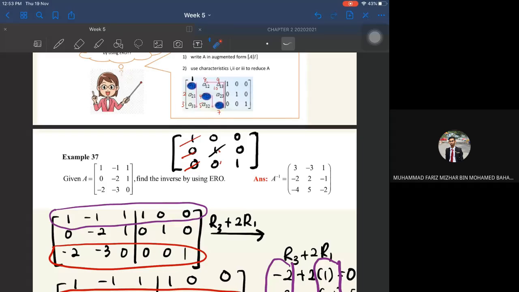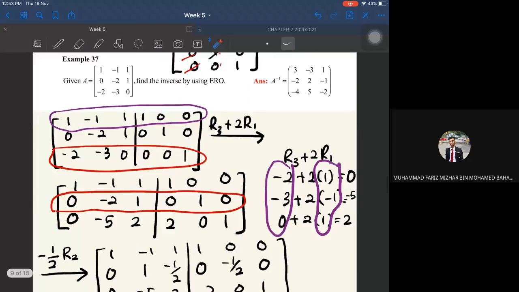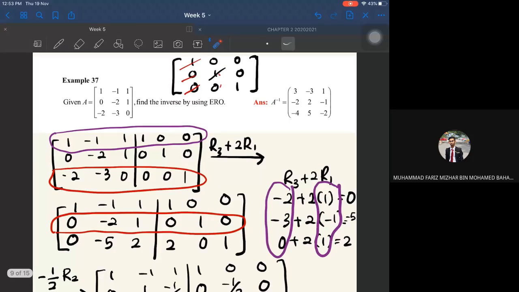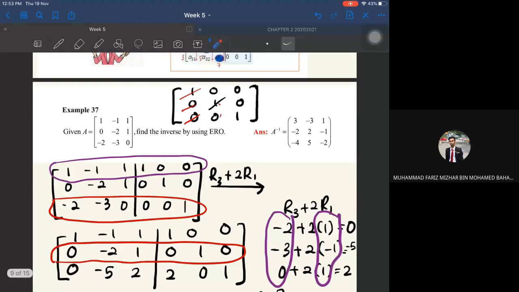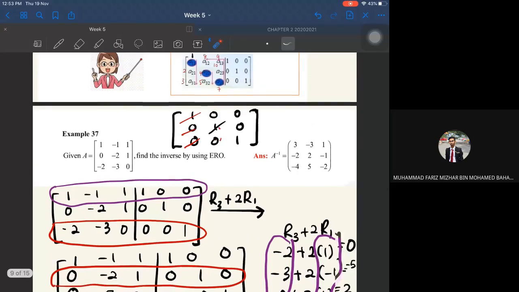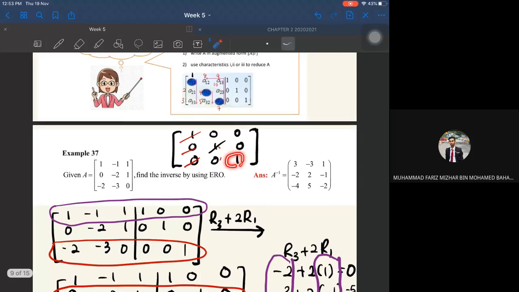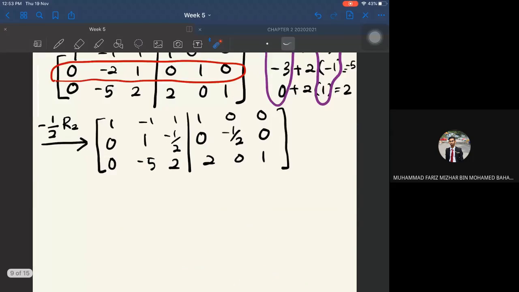Okay. So actually kalau dah kita dah jadikan ni 1, kita boleh terus jadikan ni kosong. But, tapi kalau you nak ikut pada step ni, so you kena buat sampai sini, you patah balik lah. Mana-mana 1 pun boleh. Okay.